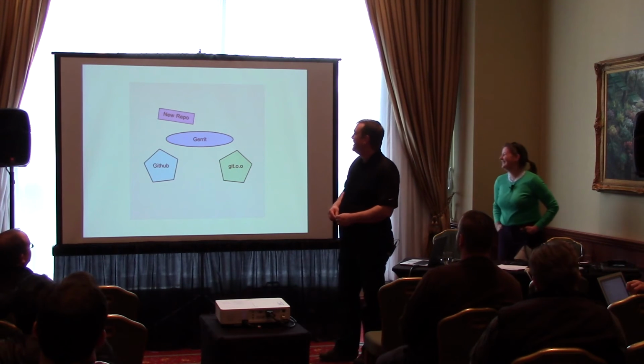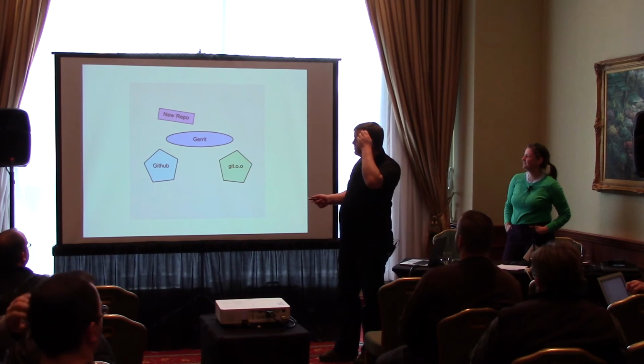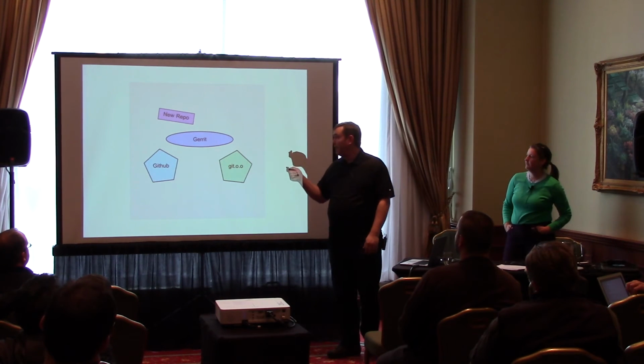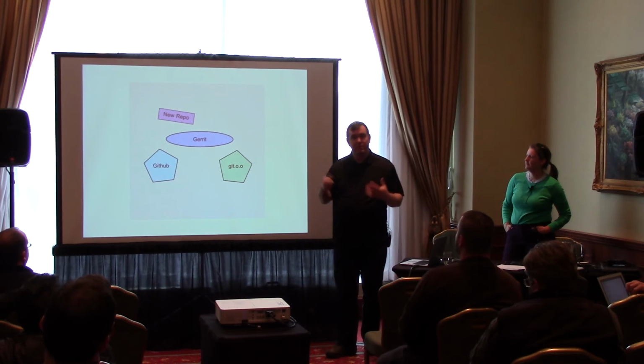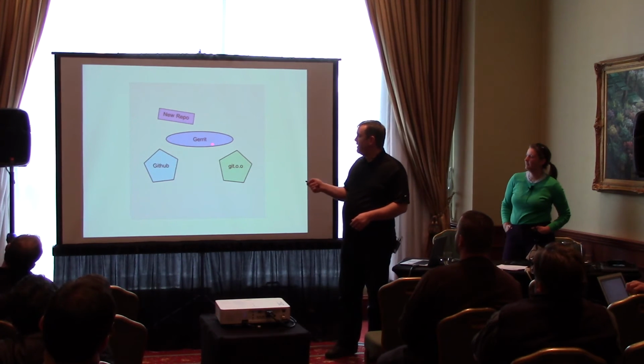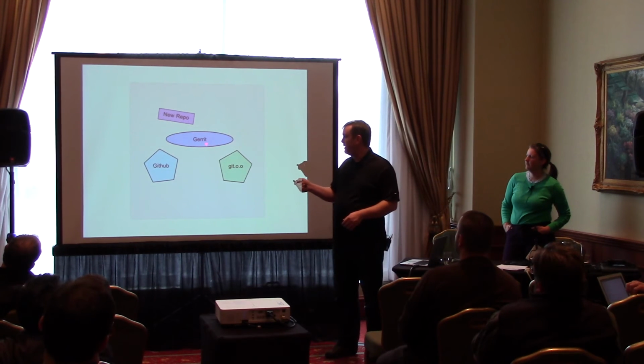Absolutely. So here's an image to sort through this process that's happening. A new repo is requested, so we have a new Gerrit request here. Then we create a blank Git repo here on Gerrit.